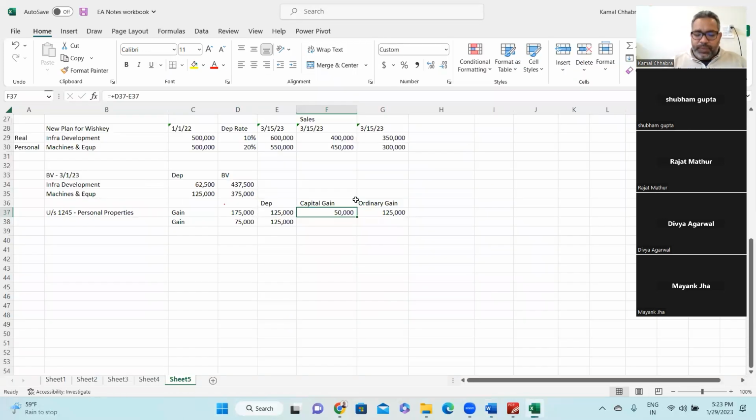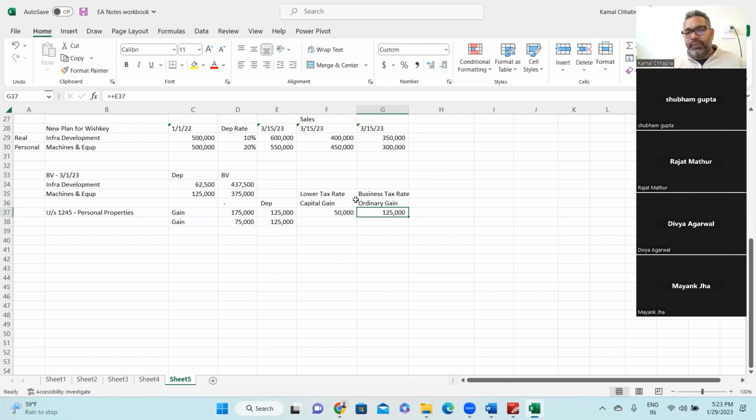So in the first example, you have a gain of $175,000, and to the extent of depreciation, that is 125,000, it will go into the ordinary gain. The remaining balance, if any, will go into the capital gain, which will be taxed at a lower tax rate.